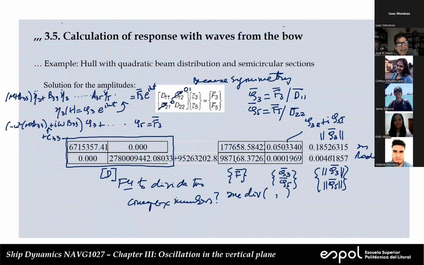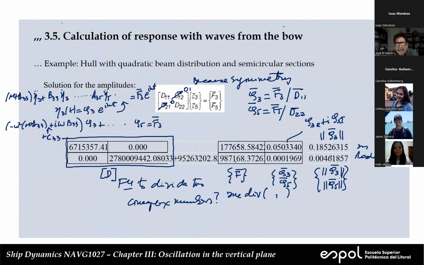No problem. Does anybody remember the name of the function so you get the amplitude of a complex number? I think it's the absolute value.